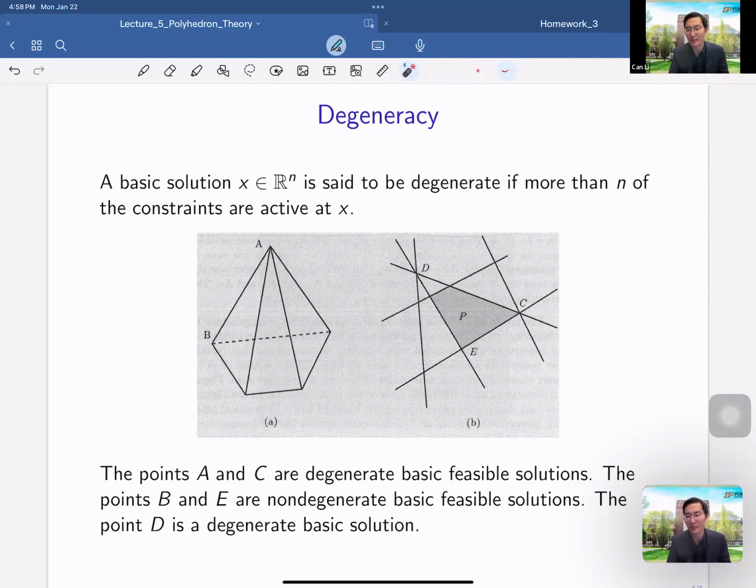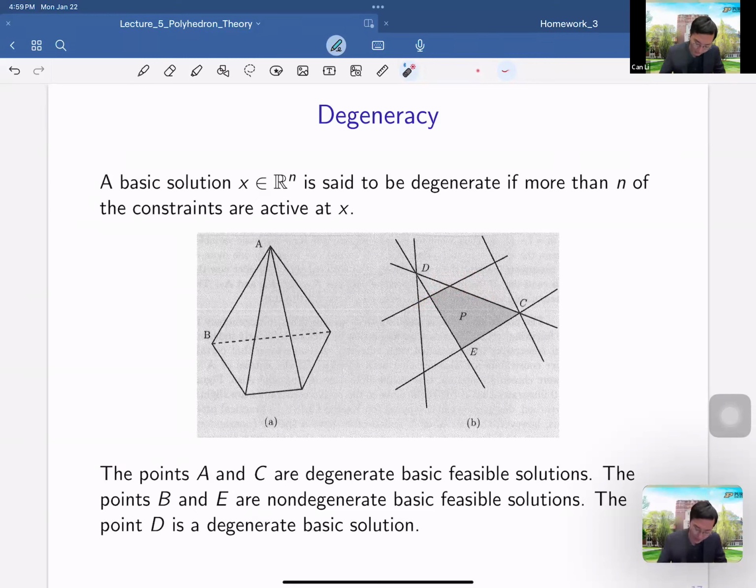Remember in 2D, in order to uniquely define a basic feasible solution, we only need 2 linear equalities, right? So if you look at this point here, for example, it is intersected by 2 linear equalities, so this point is not degenerate.